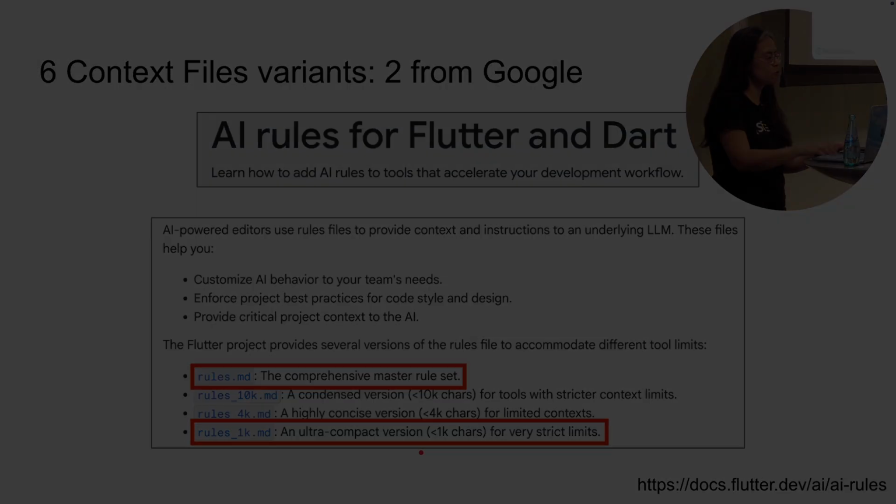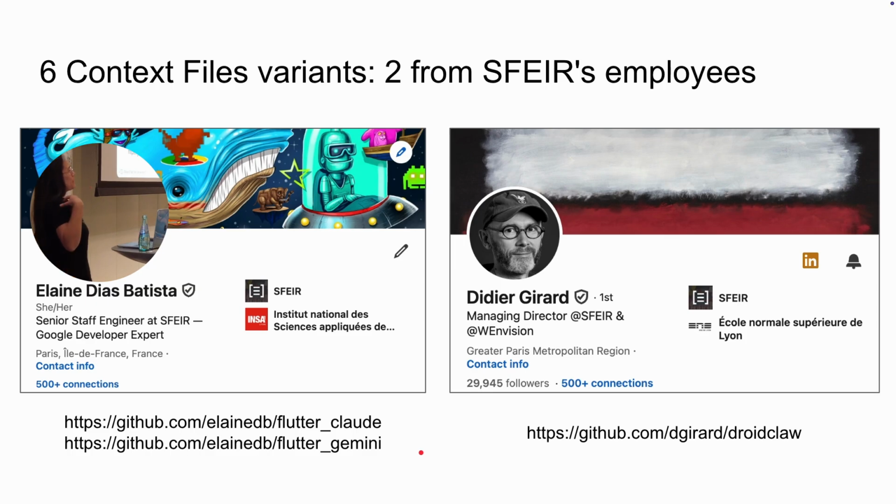So 2 are coming from Google, 2 are coming from Sphere, 2 are coming from a company. This is a project that I worked on, so I'm picking 2 context files from it, and one from a director from Sphere.